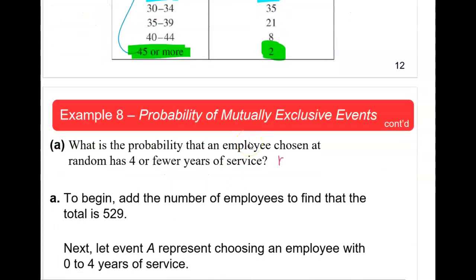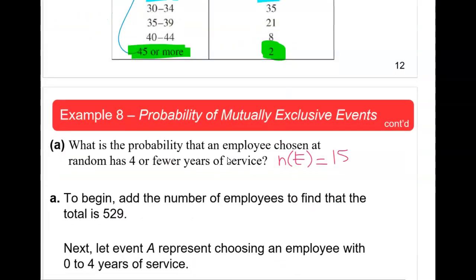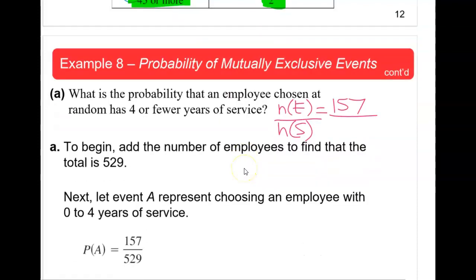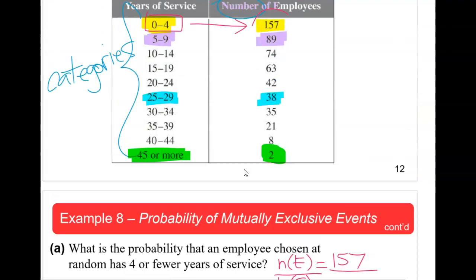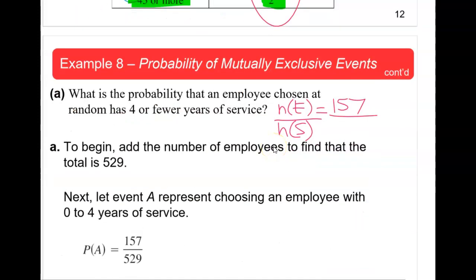So we need N of E. The event is that they have 0 to 4 years, and that is 157. Also, we need the total number in the sample space. And so for that, we will have to add all the employees that we have on the right side column. So if we add them, the total of those is 529.